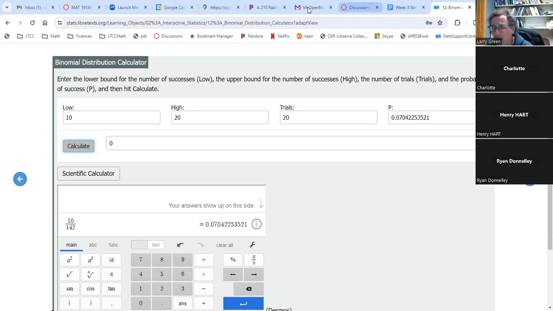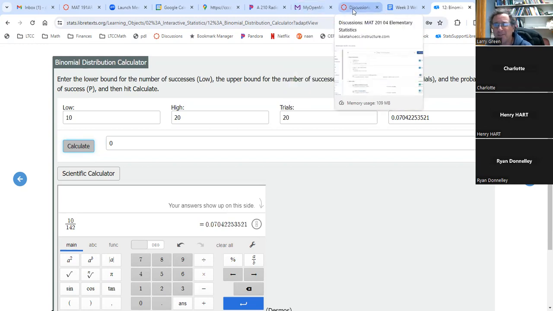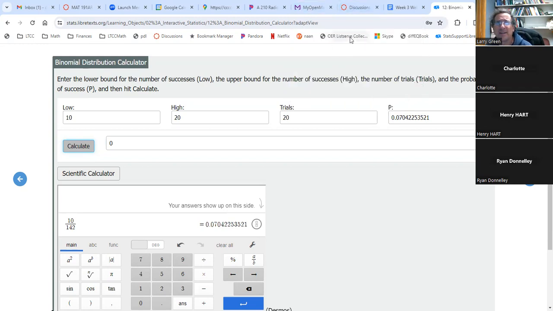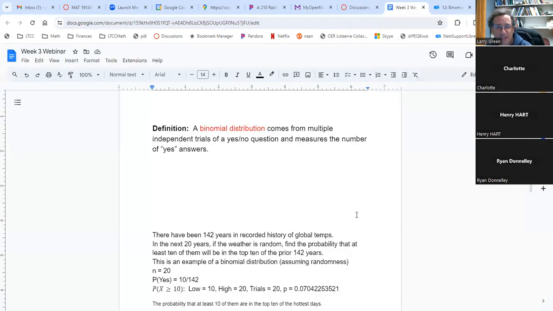When you have almost no probability of something happening, and it happens, what do you do at that point? And this is what this class is all about, by the way. Okay.